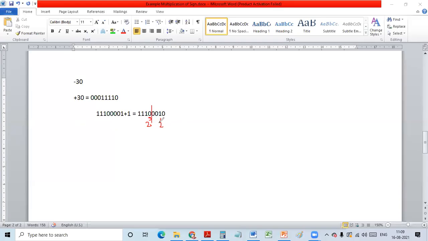So if I want to save the same number, minus 30, in a 16-bit register, what is the value that can be stored in it?